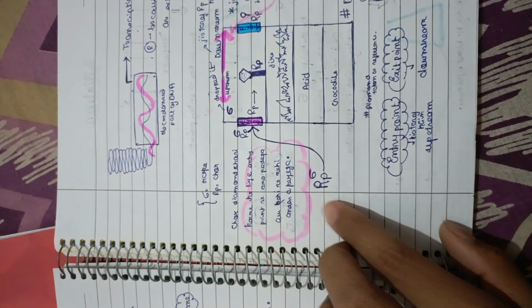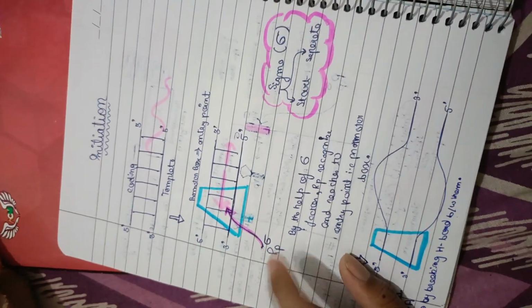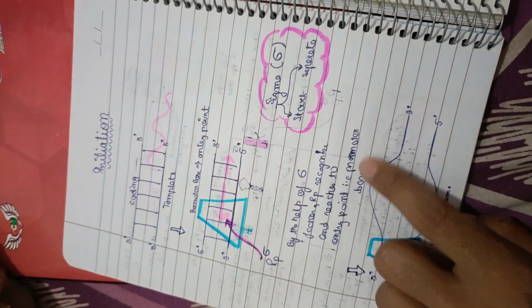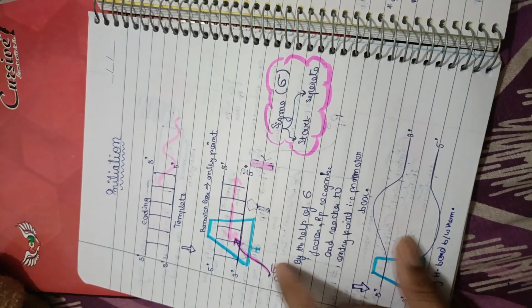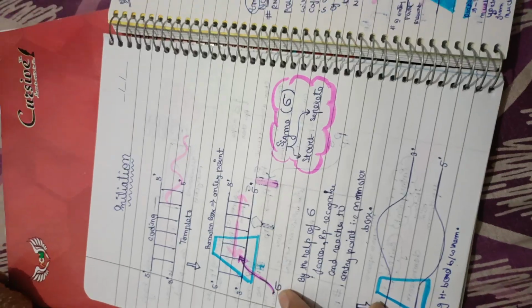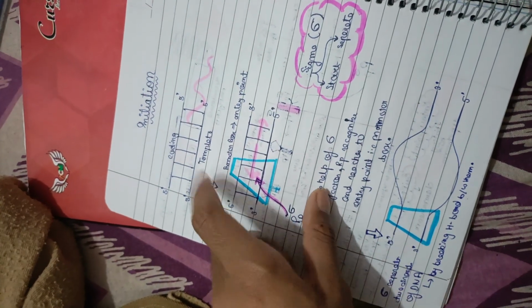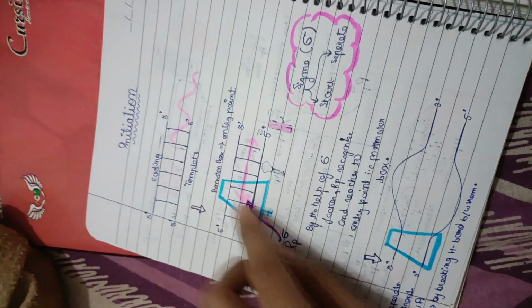So the RNA polymerase first combines with the rho factor that recognizes the entry point and helps in reaching the entry point. The rho factor recognizes the entry point and takes the RNA polymerase to the entry point.